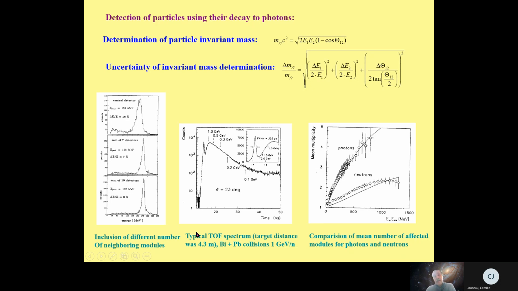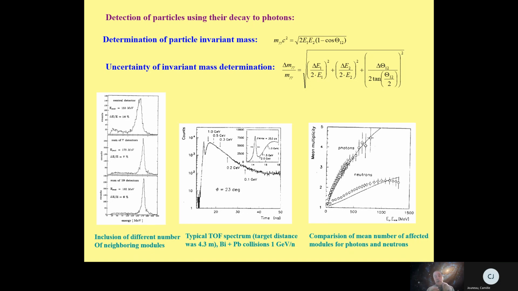Okay, here are some results, some spectra which were obtained from this electromagnetic calorimeter. And there is a very important feature which makes it possible to distinguish between gamma and other particles. A charged particle is no problem to distinguish.